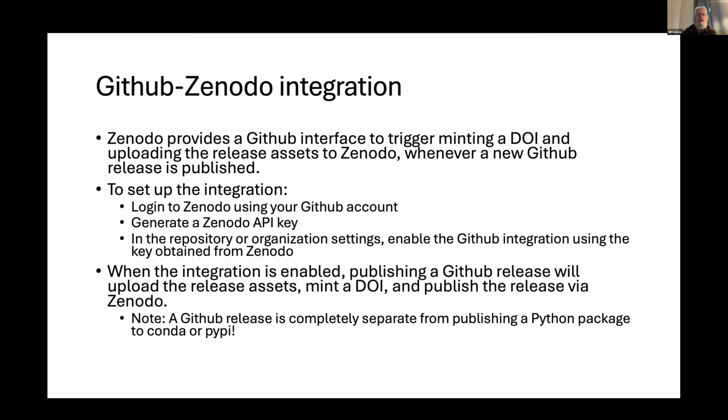So yeah, there's this integration between GitHub and Zenodo. And the idea is once you set this up, when you publish a new release on GitHub, and behind the scenes, I think it's using GitHub's webhooks capability, that publication event triggers the creation of a release on Zenodo and minting of a DOI and uploading the release assets and so forth.